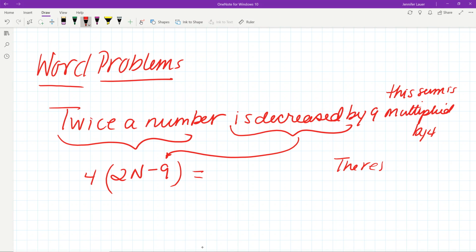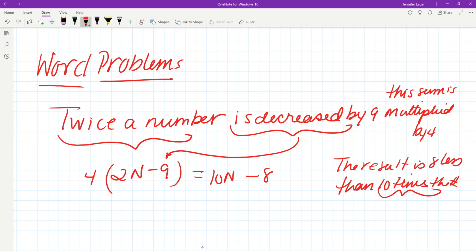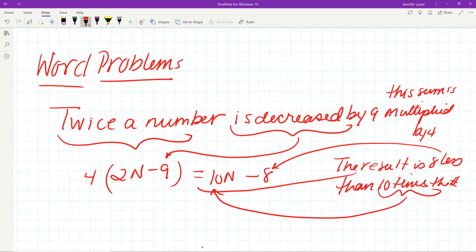Well, that's where the equal sign comes in. The result is 8 less. 8 less than what? It's going to be 8 less than something. Then 10 times the number. Well, 10 times the number you write like this. So that's 8 less. The result goes there.